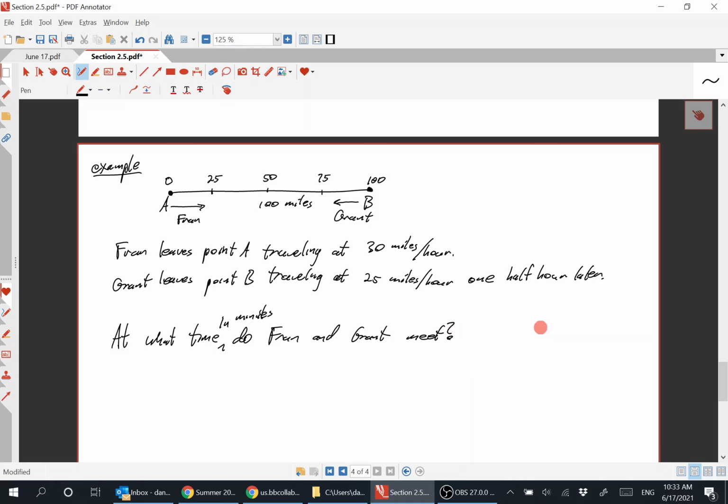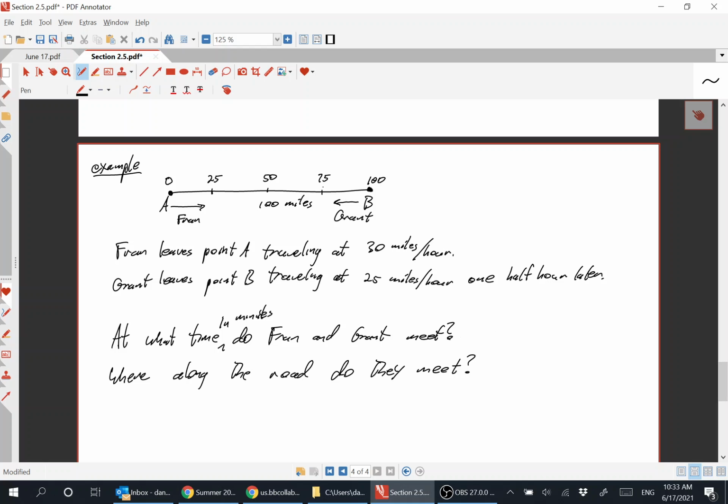And where along the road does that happen? Right? Where along the road do they meet, as in how many miles from point A? So at mile 0, mile 50, mile 75, so on and so forth.